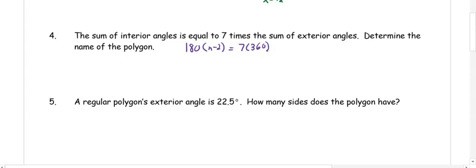So when we go to distribute, we get 180n minus 360 is equal to 2,520. We can add 360 to both sides, so 180n is equal to 2,880. When we divide by 180, we get n is 16. So this is going to be a 16-gon.